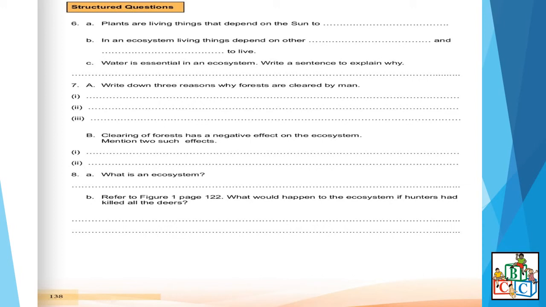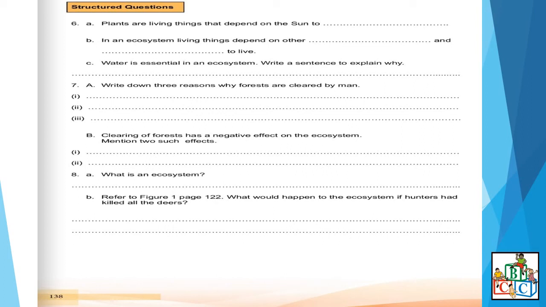Water is essential in an ecosystem. Write a sentence to explain why. So why water is essential? Because all the living things such as animals, plants, also human beings, they need water to live. So without water, life will not exist.